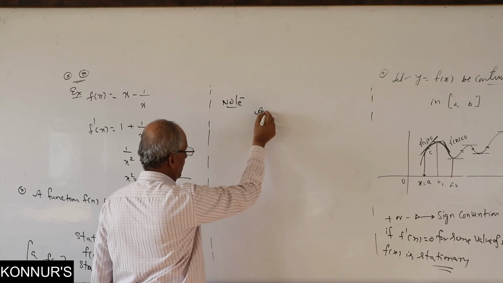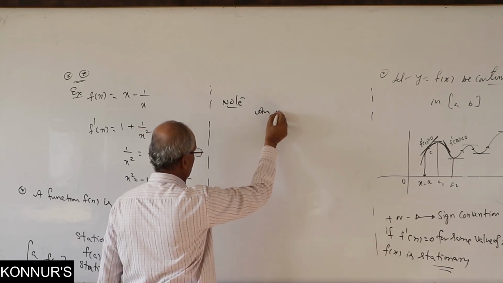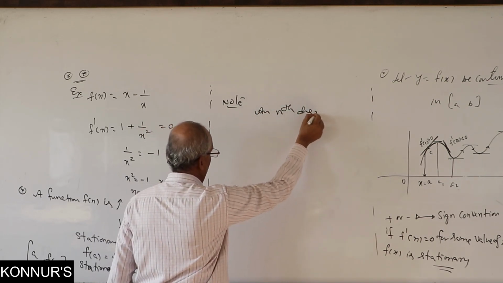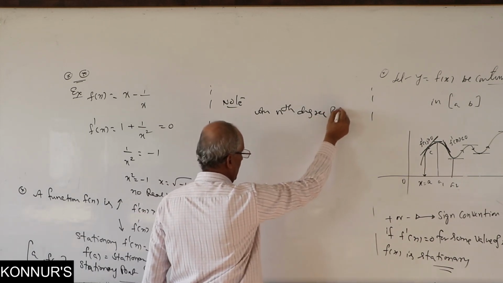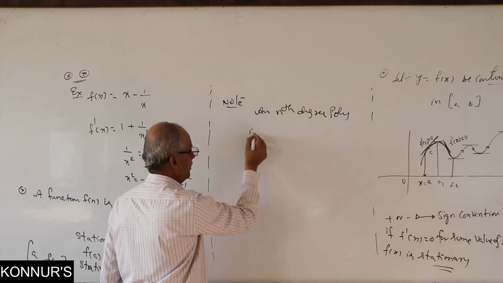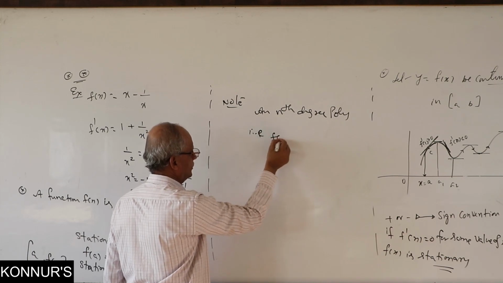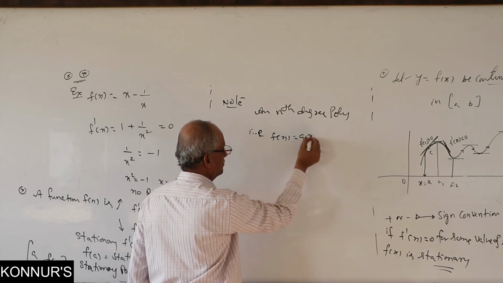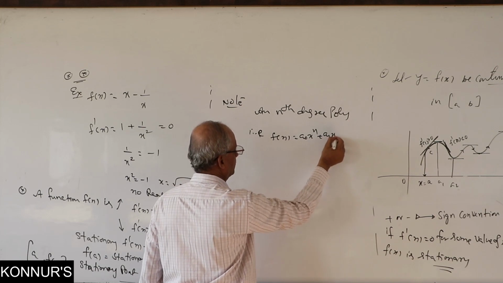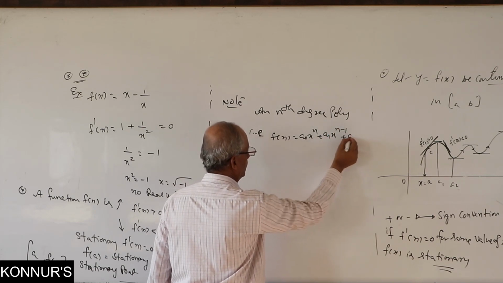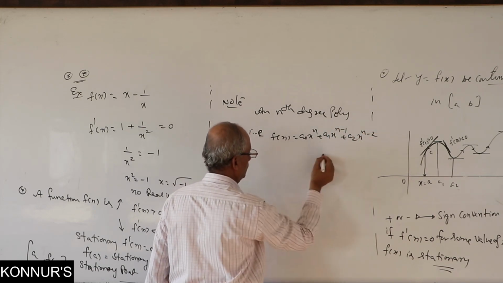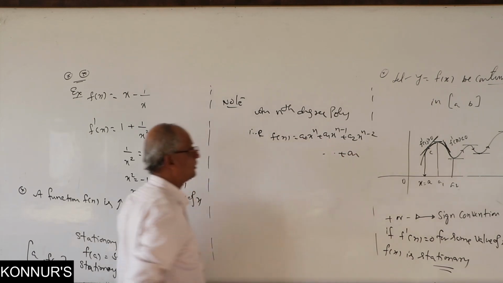An nth degree polynomial. What is the general form of a polynomial? f of x is equal to a naught x power n, plus a1 x power n minus 1, plus a2 x power n minus 2, and so on, last a n. This is an nth degree polynomial.